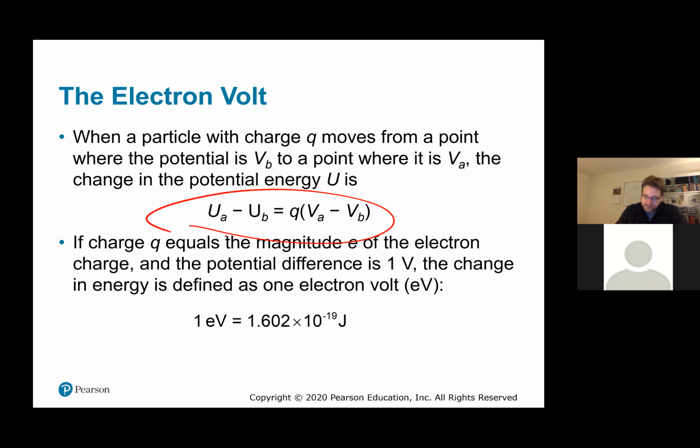This equation just comes from delta U. Okay, cross multiply by Q. Again, electric potential is potential energy per unit charge. Okay, cross multiply, and here we are.